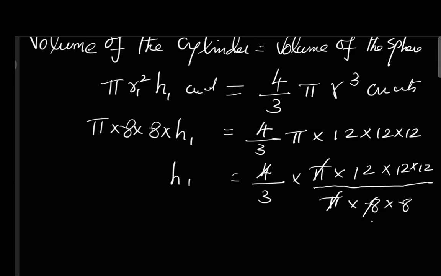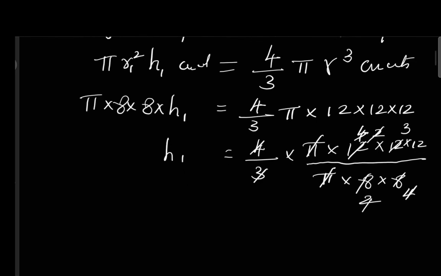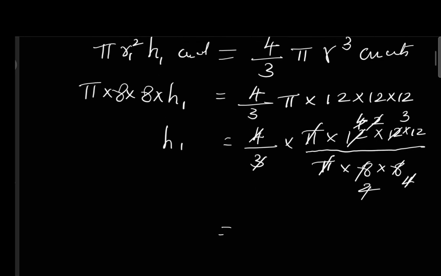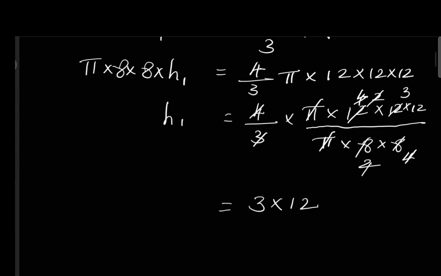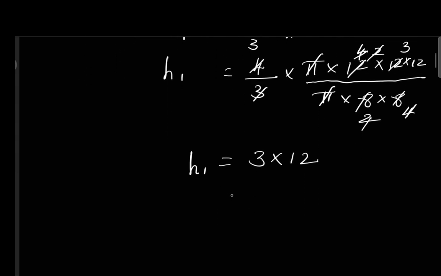4 2s are 8. Then 4 3s are 12. 2 2s are 4, and this 2 goes 4 times, 4 goes 3 times. So the denominator terms all get cancelled, only the numerator term 3 into 12 remains. So h1 is equal to 3 into 12, which is 36.